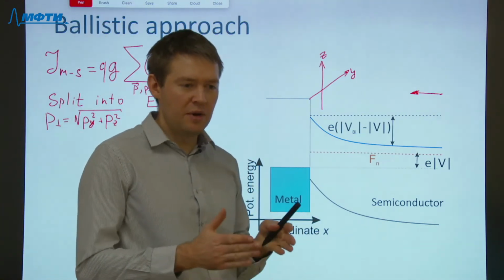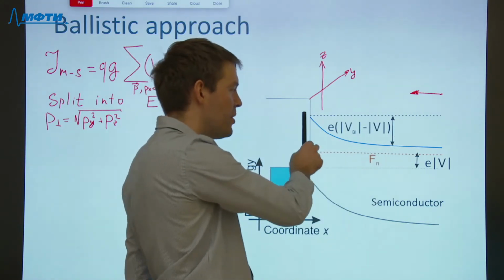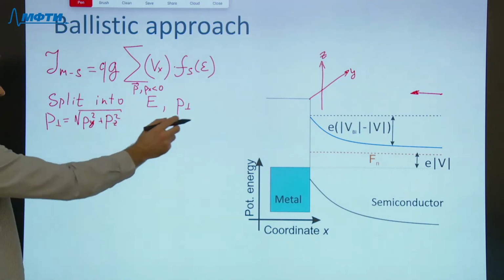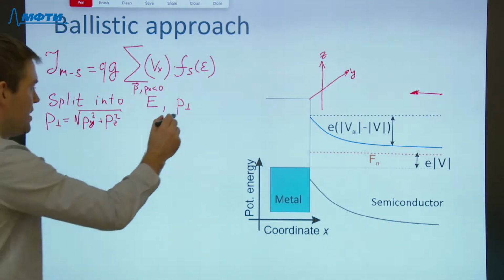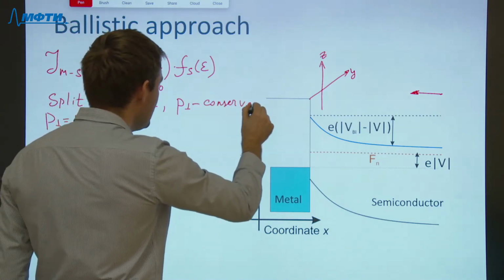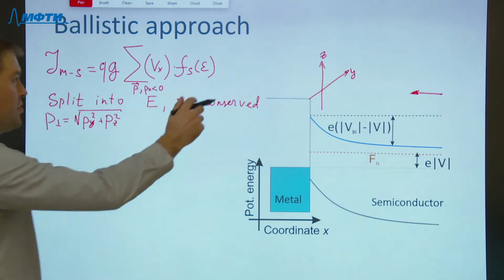We cannot track it. It is complicated to track it everywhere in space. So we integrate over the variables that are conserved upon transport. These variables are conserved.